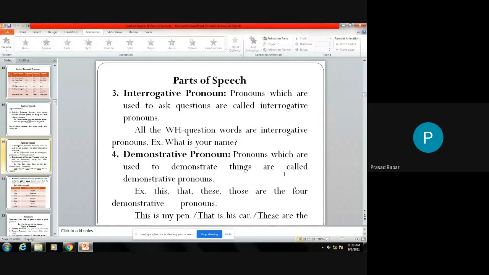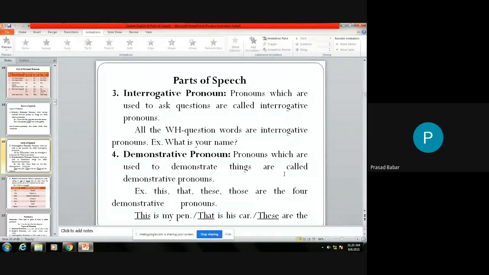This means हे, that means ते, these means हे सर्व, and those means ते सर्व. So these four are the demonstrative pronouns which demonstrate things. These four show things, where that thing is or where that person is.